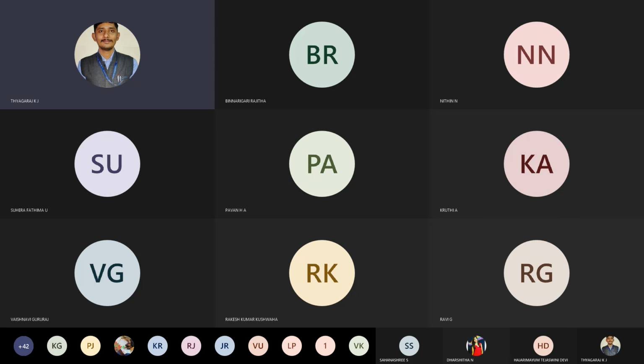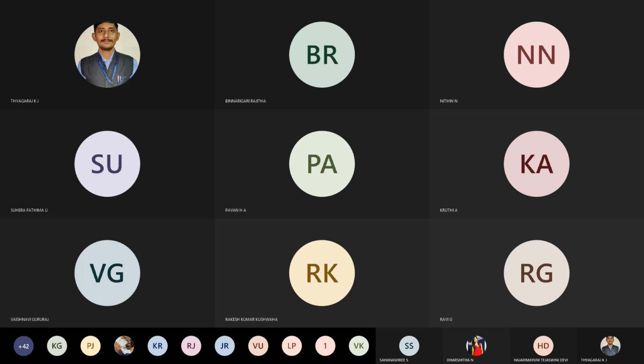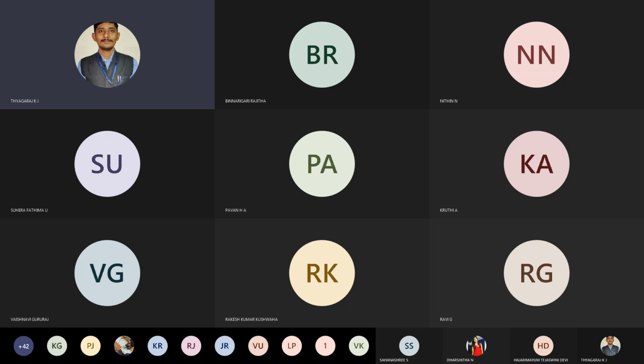You can go through the notes and read well for your internals. So half of the second module and the full third module will be there for your syllabus. Is it clear?